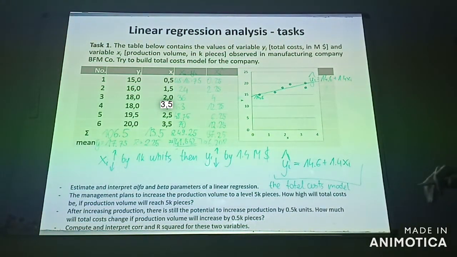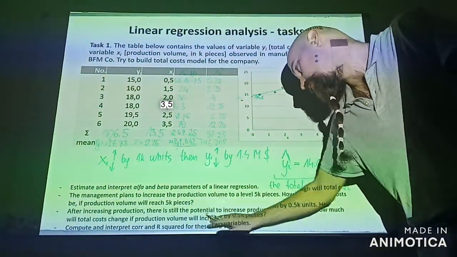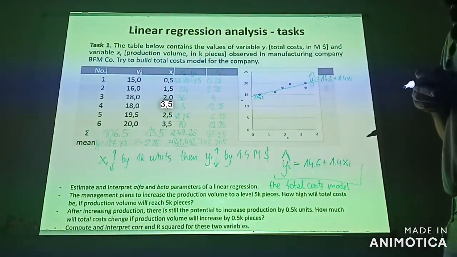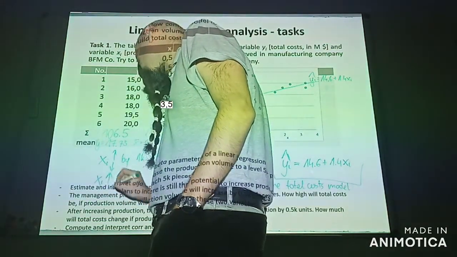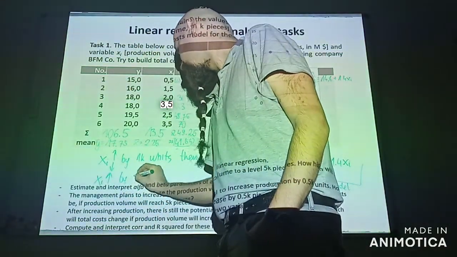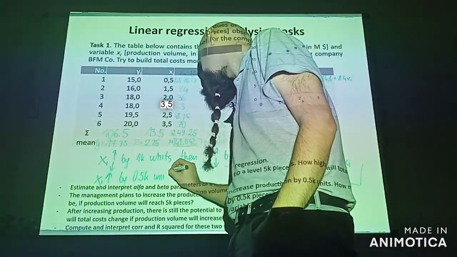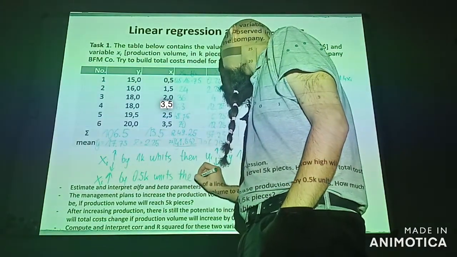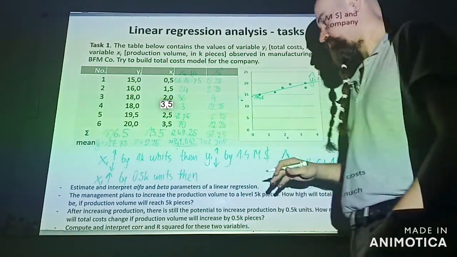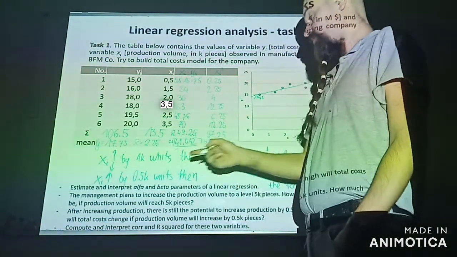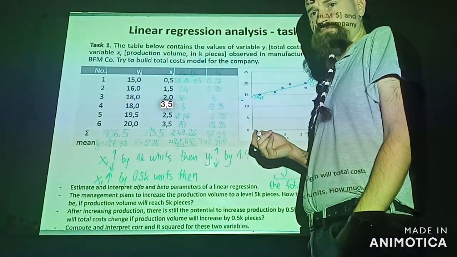Okay, and now we are able to answer the question. Production volume will increase by 5,000 pieces. Then what will happen with the total costs? The rise of the total costs is proportional.